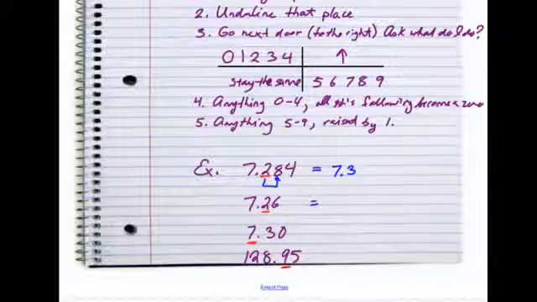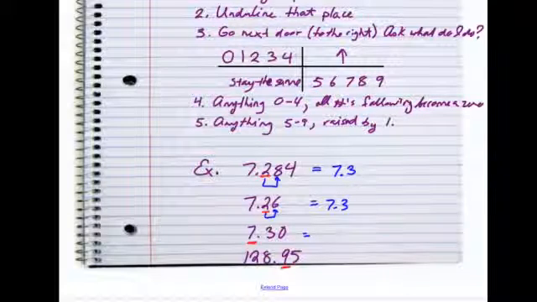The next number, 7 and 26 hundredths, again, I'm going to look next door. 6 is larger than 5, so I need to round up to 7 and 3 tenths. The following example is 7 and 30 hundredths. I want to round to the whole number. 3 is less than 5, so it's going to be equal to 0. Therefore, my answer is 7 as a whole number.